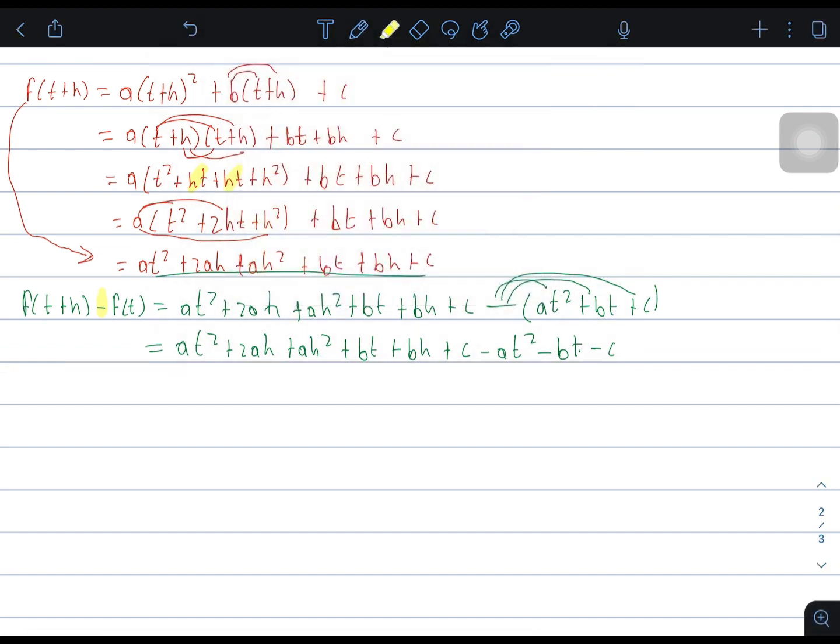For example, the first like terms I see are a t squared and negative a t squared.